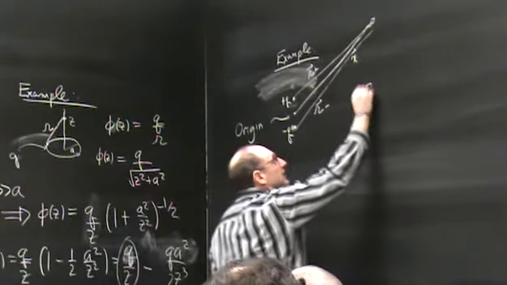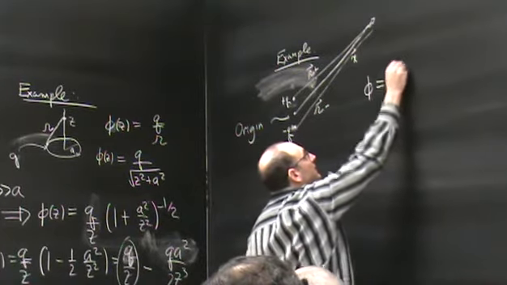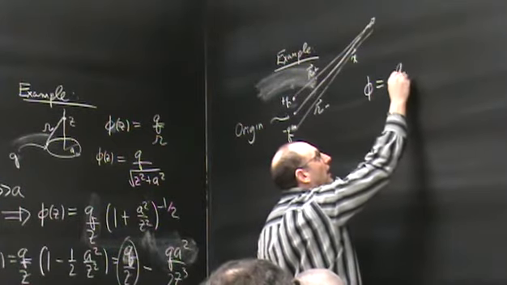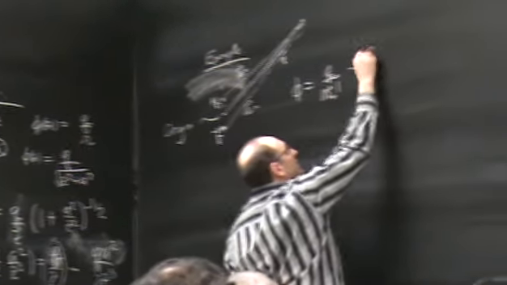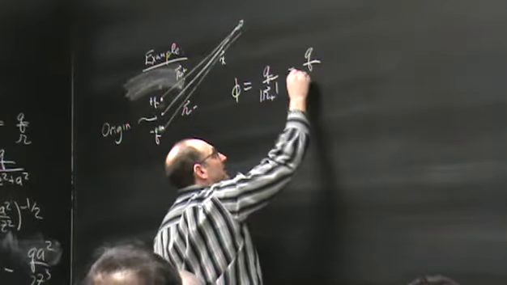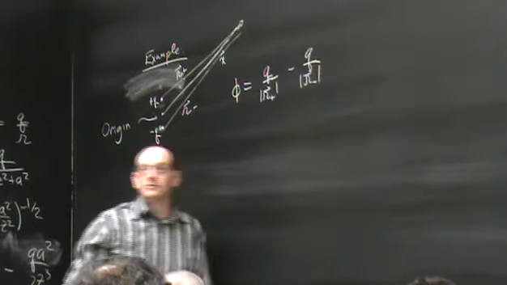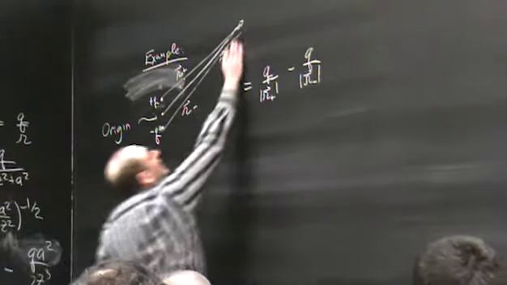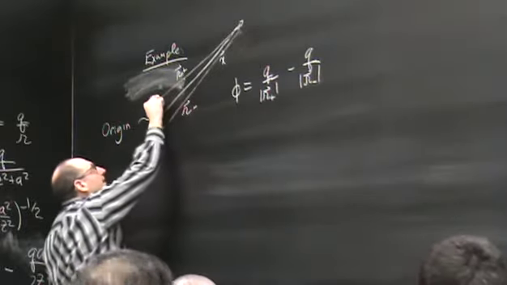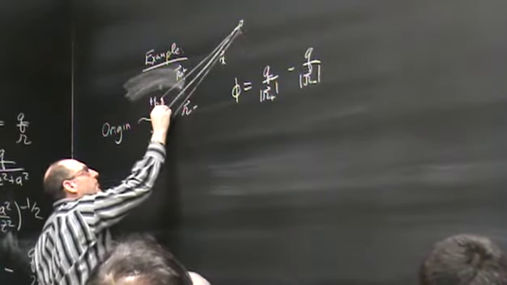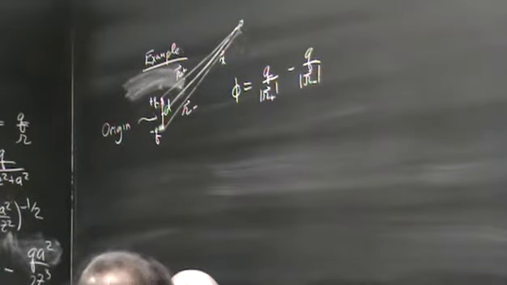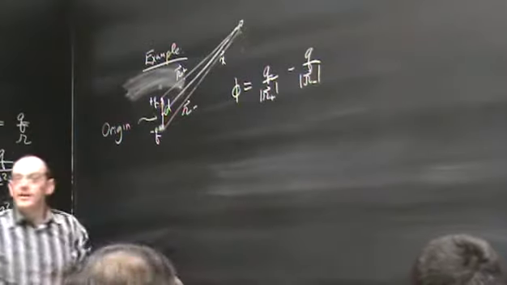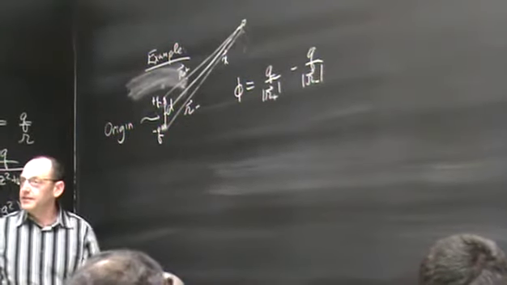then the potential in this case is q over the magnitude of scripty r plus minus; this is the exact potential. But we want to look at this in the limit, if I call the distance between the two charges d, that the point of observation is much, much bigger than this separation distance d.